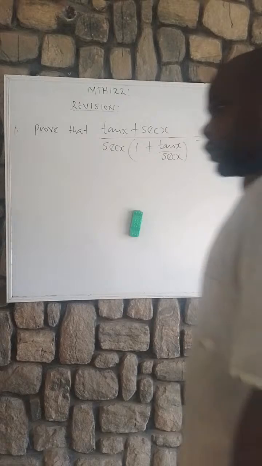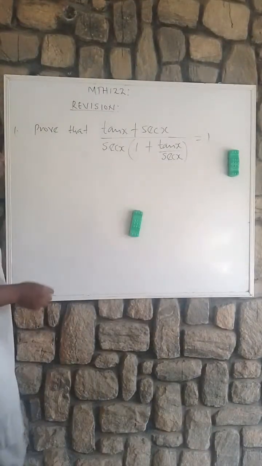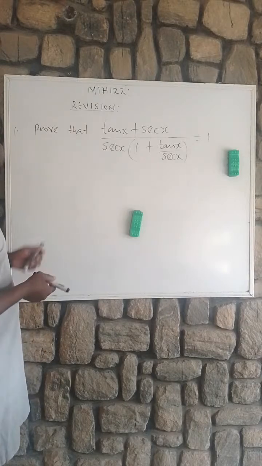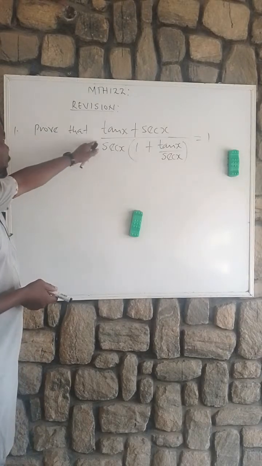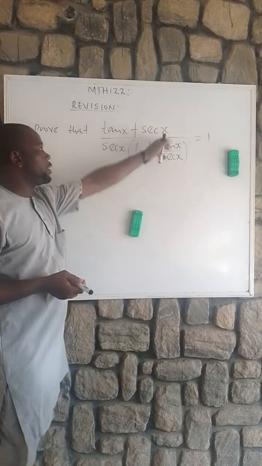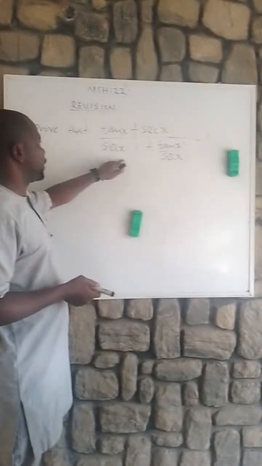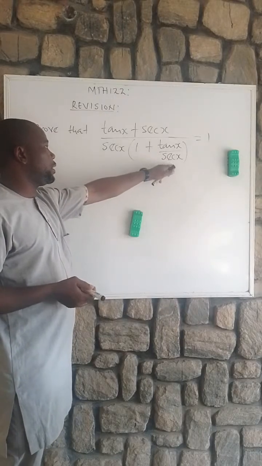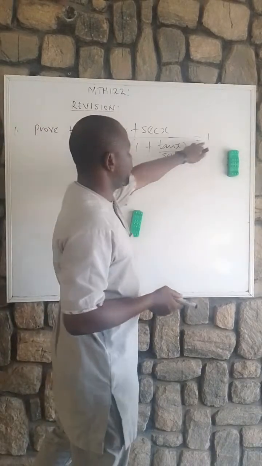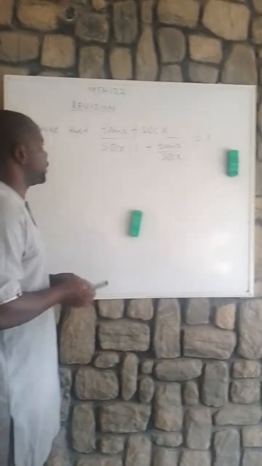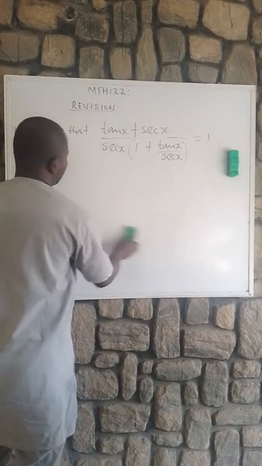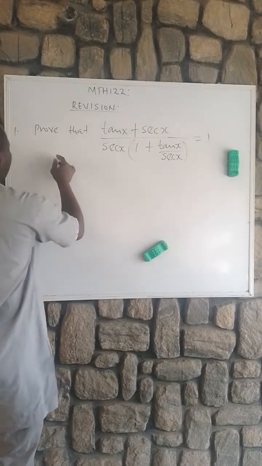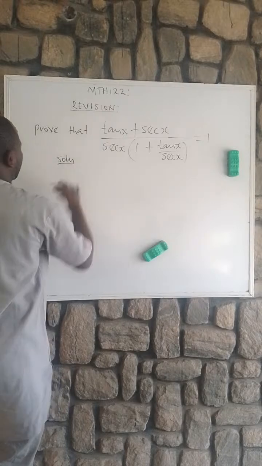So let's look at this problem. It's not difficult. Prove that tan x plus sec x all over sec x open bracket 1 plus tan x all over sec x close bracket equals to 1, is simple as ABC. So what you need to do here is let's write the solution.